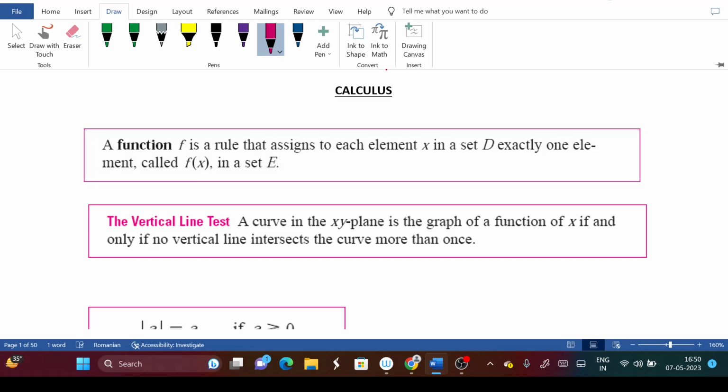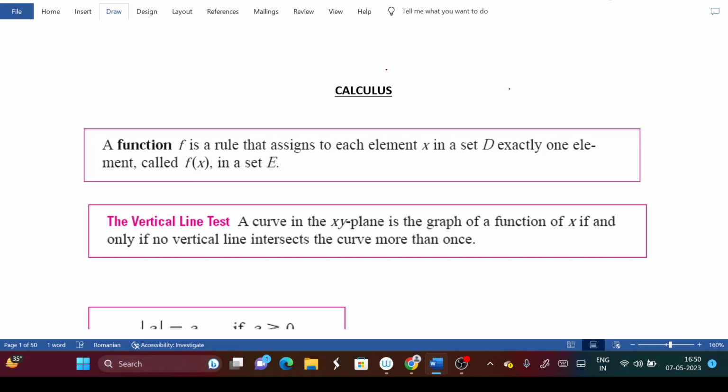What do we mean by function? Function is a set of rules which assigns each element in D, suppose it is D, to an element in E. Every element in D should have one element in E. That is one condition.